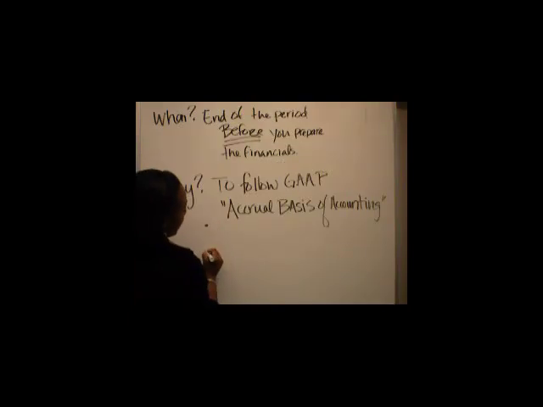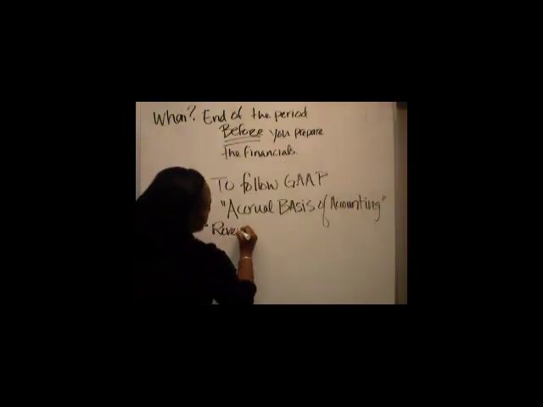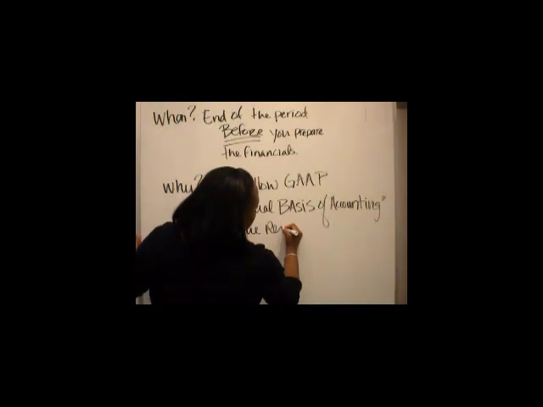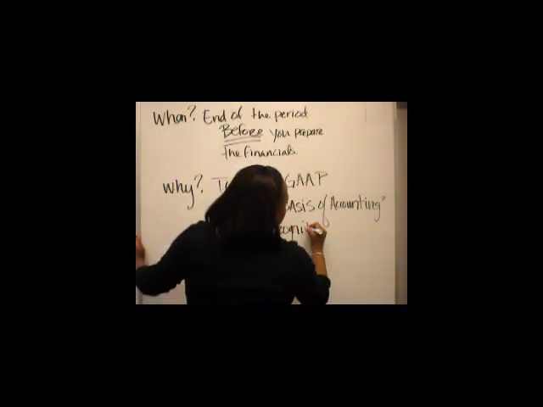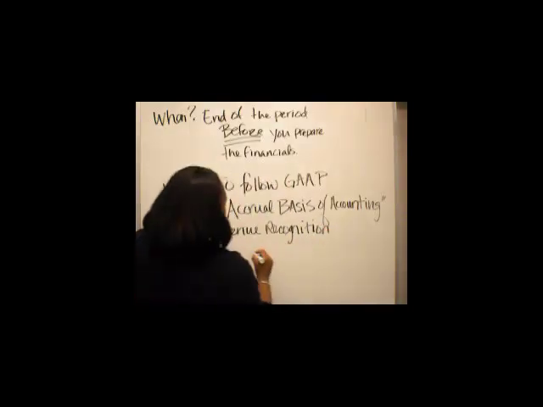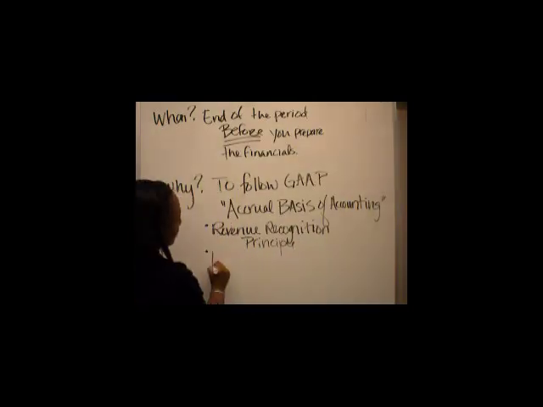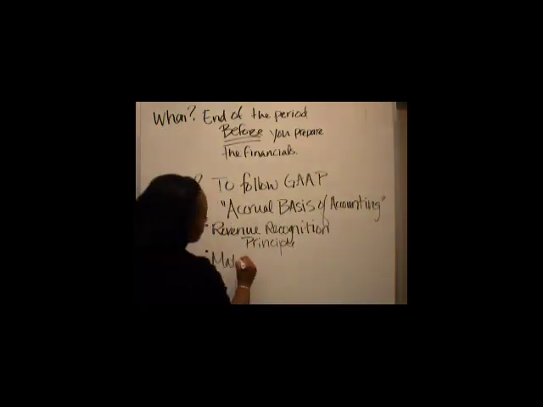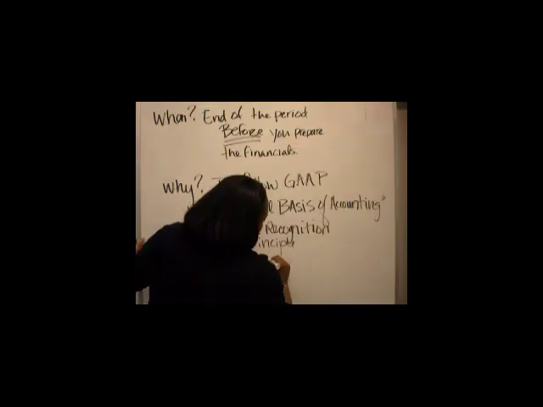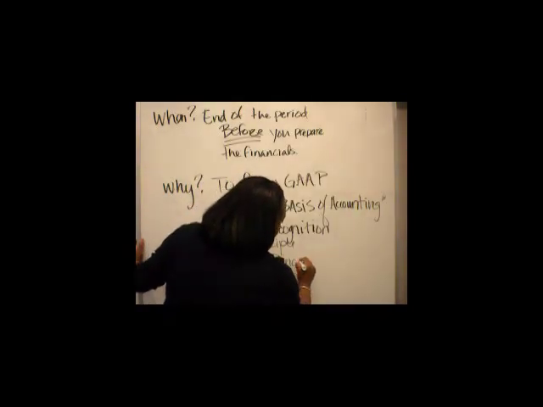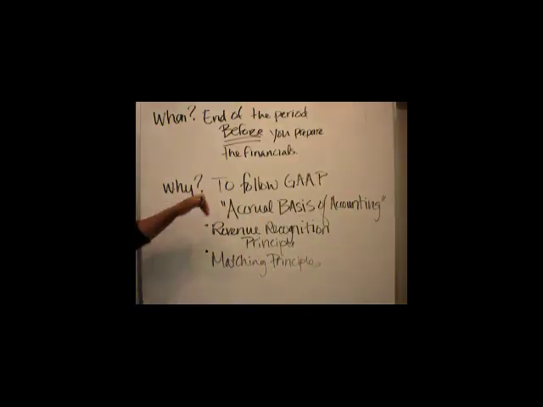And that requires you to follow the revenue recognition principle, and also to follow the matching principle, which were both discussed in the notes. So why? To follow GAAP and make sure that your financial statements are under the accrual basis of accounting, both adhering to the revenue recognition principle and the matching principle.